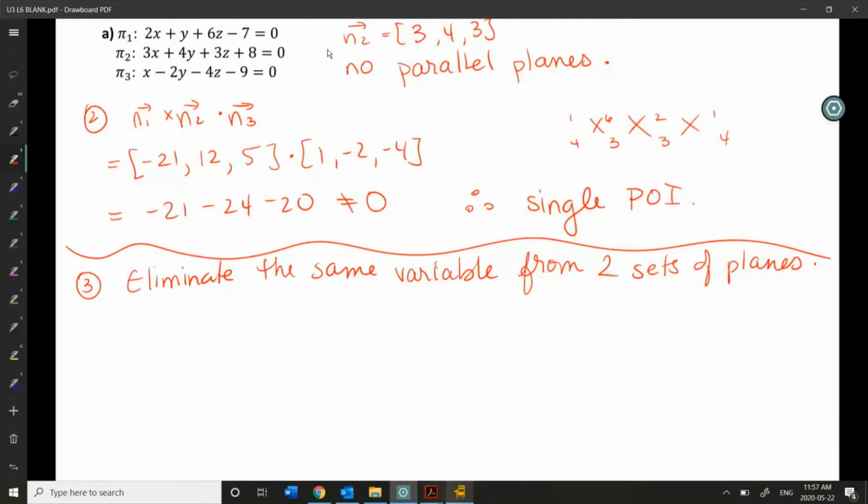So I think if we try to eliminate, I'm just looking at what we have here, and maybe we'll try to eliminate the y's. And I'm going to use plane 1, but we have to multiply it by 4 in order to eliminate the y's. So I'm going to do 4 times plane 1, and then we'll do plane 2.